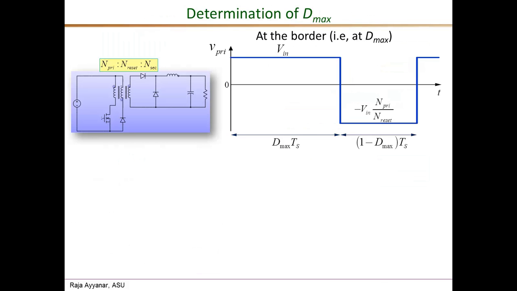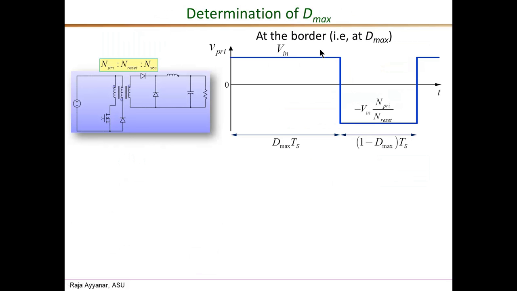So let's go ahead and determine this new value of Dmax for an arbitrary N primary to N reset as shown here. Okay. So we drew the V primary waveform in the previous slide. It is Vin during the on interval and minus Vin times N primary over N reset during the off interval. Now I'm considering the operating condition which results in the border of valid versus invalid operation.